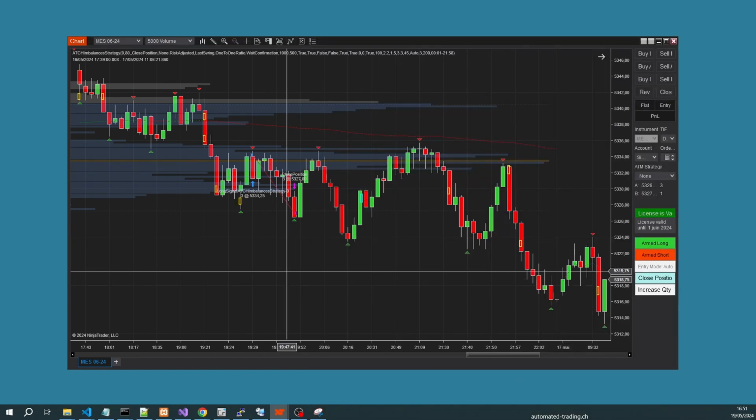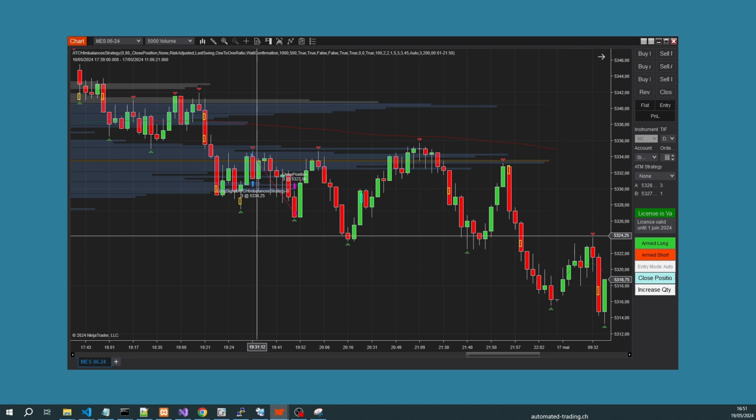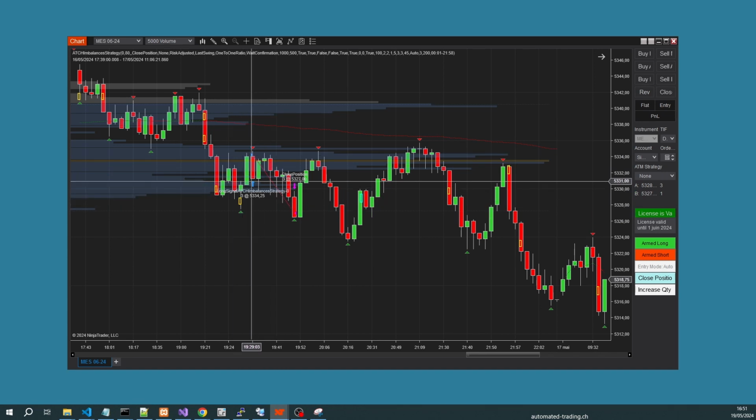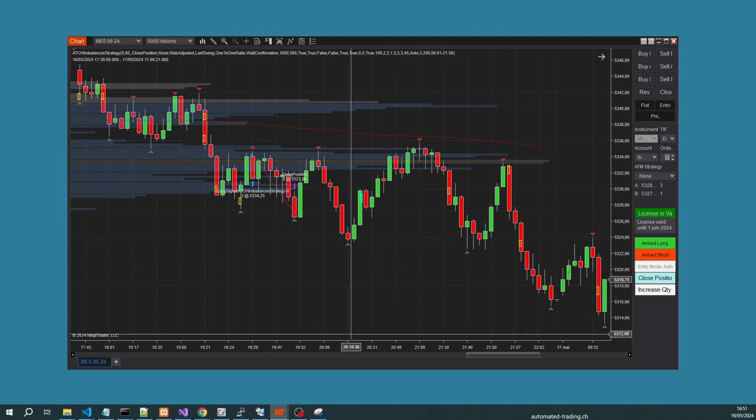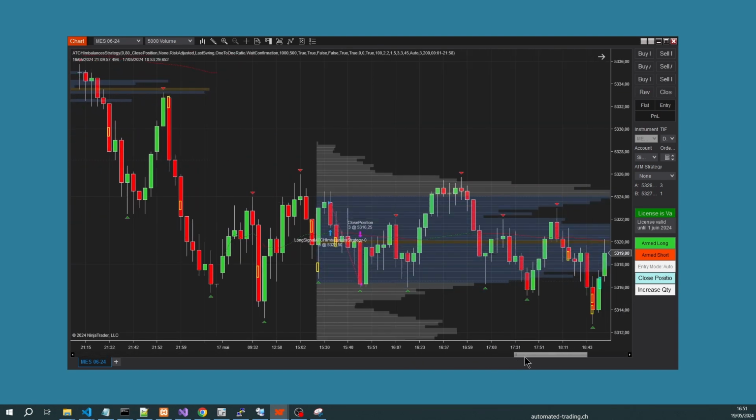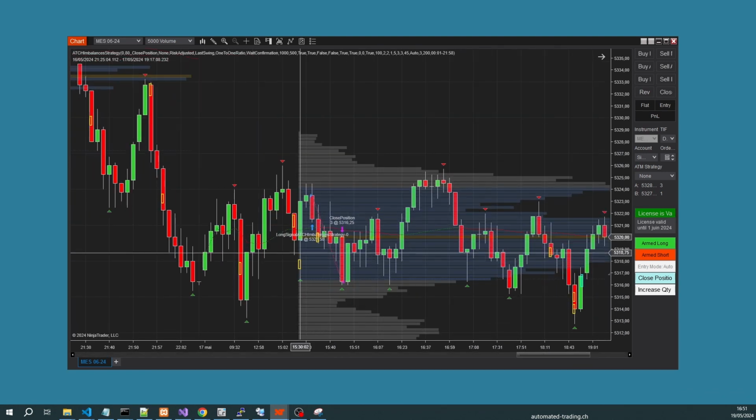So you can see here the entry was a losing entry, because the price didn't follow the logic of a trapped trader entry setup. Same thing happened here. Same scenario happened here, and it was a losing position.